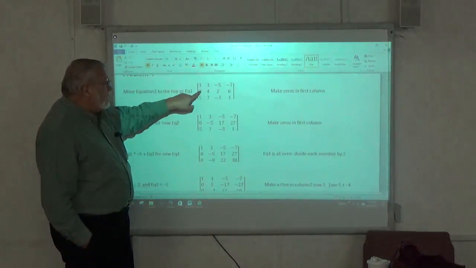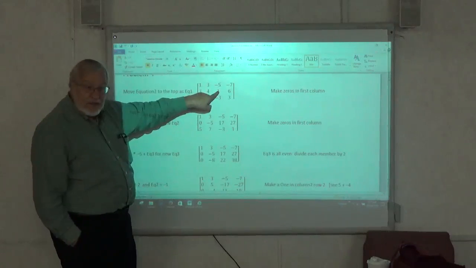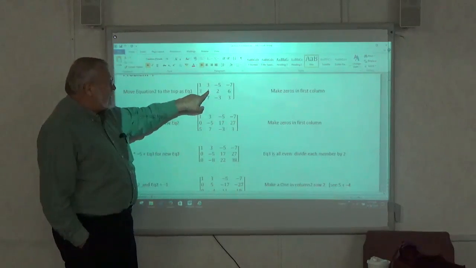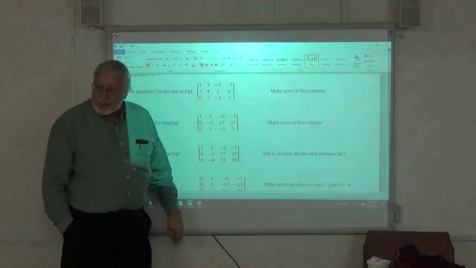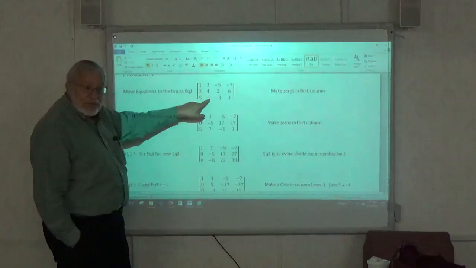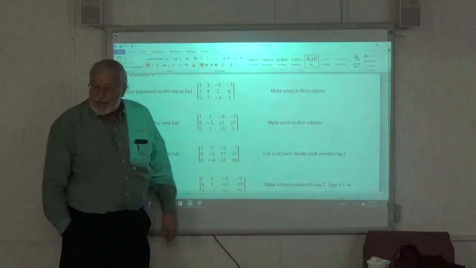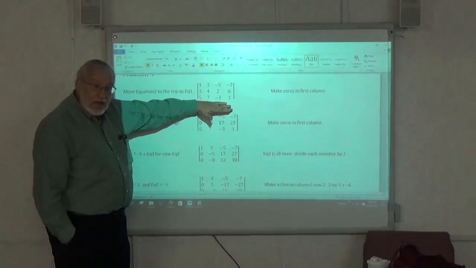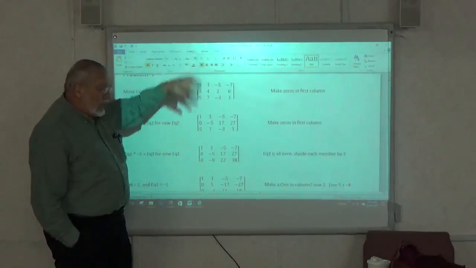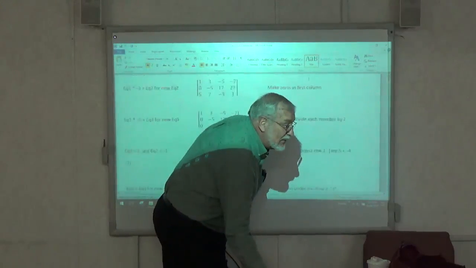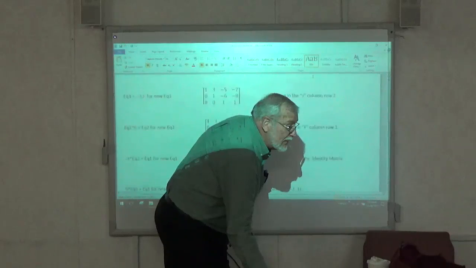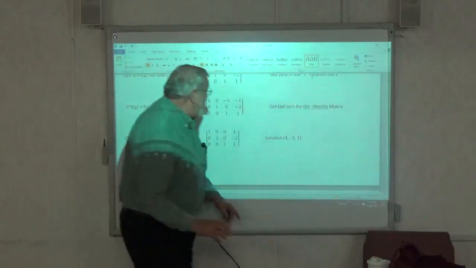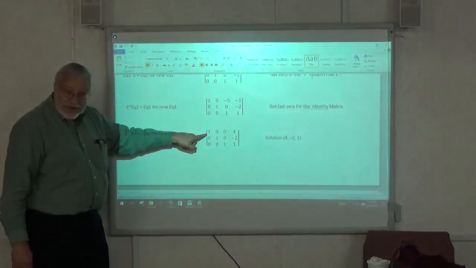And so I'll have 0, 1, 0 in the number so that it says 1y equals whatever that number is. And then I'll have a 1 here with 2 zeros, and 1z equals that number. Okay, so this is an augmented regular matrix, and what we want to try to do is get an identity matrix.